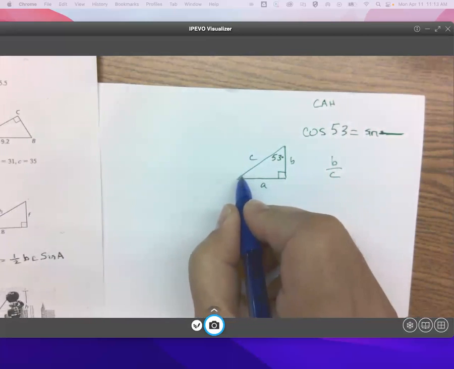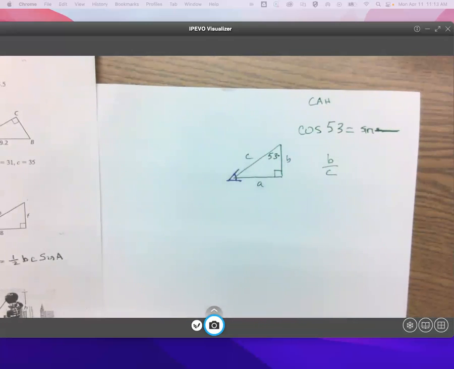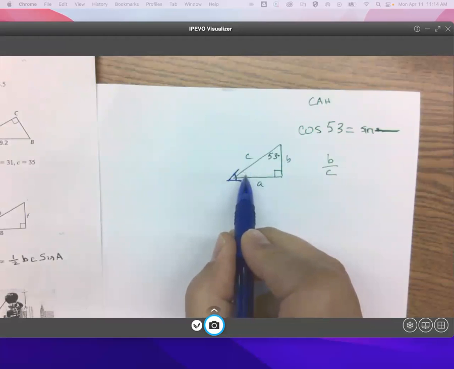What if we were looking at this angle? What if this were our eyeball? Would the sine of this be B over C? It would, wouldn't it? Do we know how to find this angle measure?